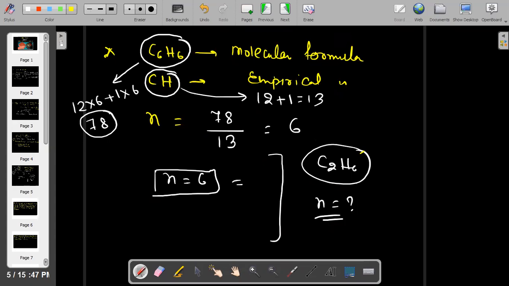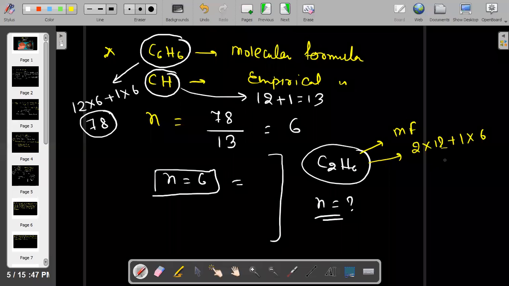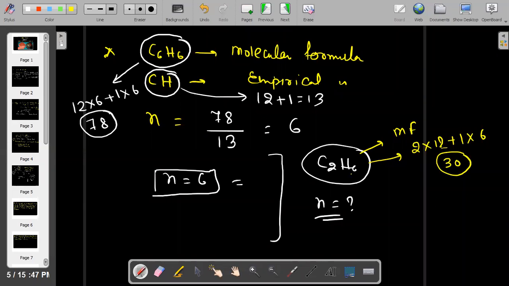Look at C2H6. This is called the molecular formula. And what is the molecular formula mass? 2 into 12 plus 1 into 6, 24 plus 6, it is equal to 30. And what is the empirical formula? What is the simplest ratio? CH3. Now, carbon 12 plus hydrogen 3, that is 15.